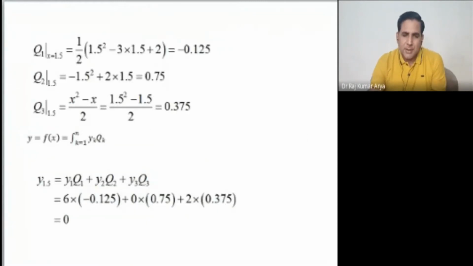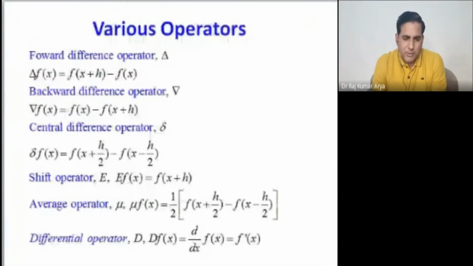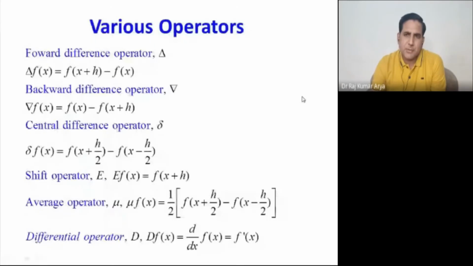Next, before talking about other interpolation techniques, we should first know what the various operators are. One is called the forward difference operator, given by this del here. If you want del fx, you are calculating the function value at x plus h minus fx at the previous value.